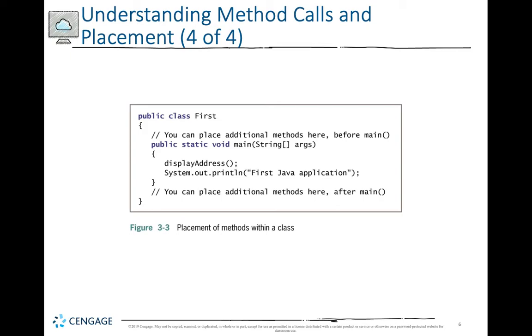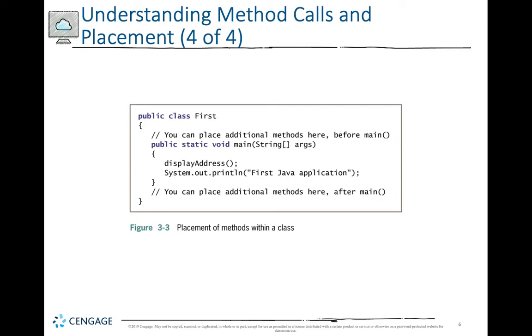The location though of this one particular method that we see on the class, the display address, this is crucial actually, because for it to be called, it has to be placed in the main method. If it's not in the main method, then it can't be called, especially in these simple command line programs.